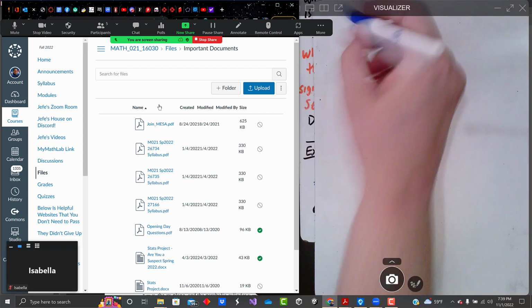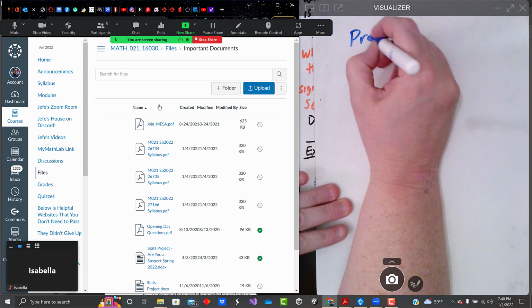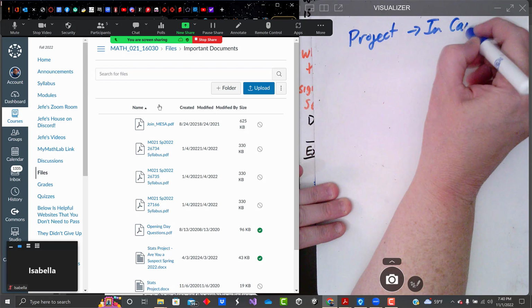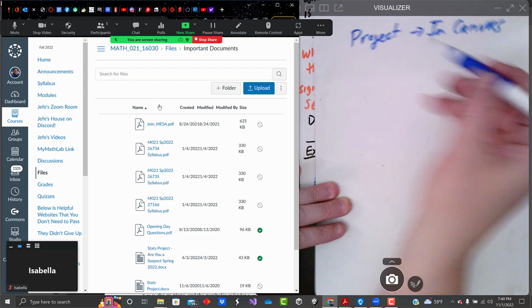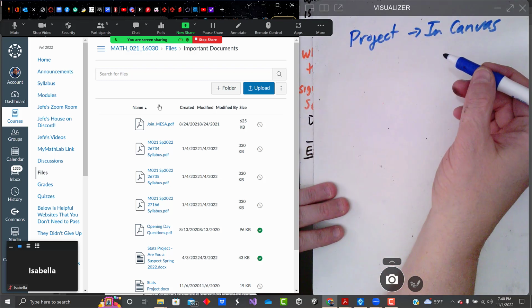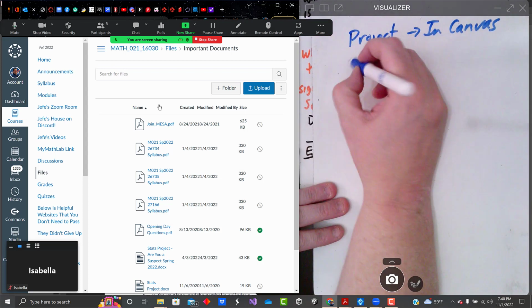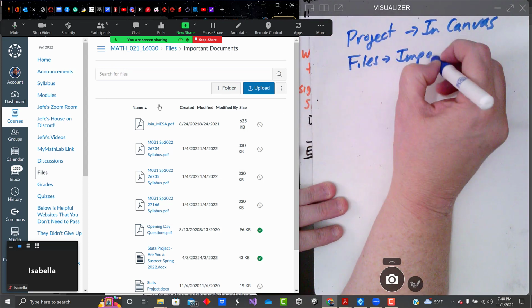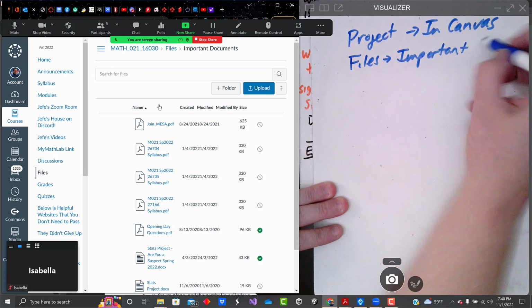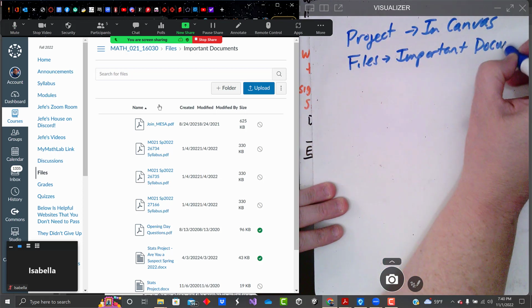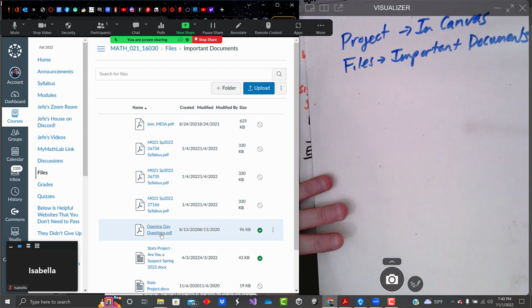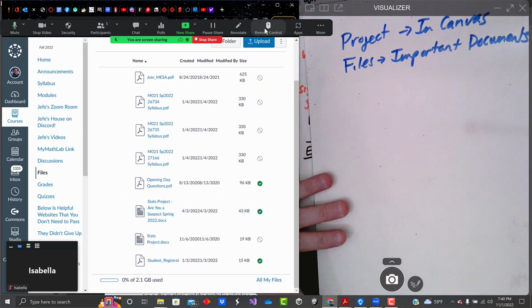So Project. It's in Canvas. And we're going to go to Files, Important Documents, and we're looking for Stats Project.